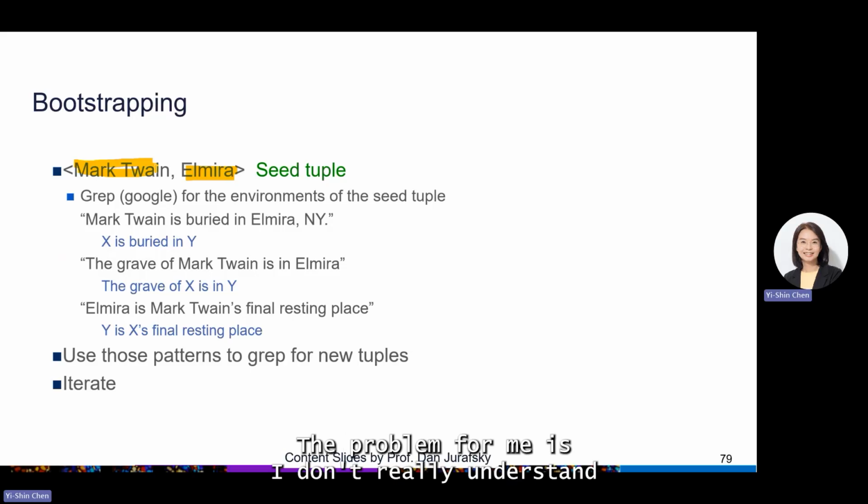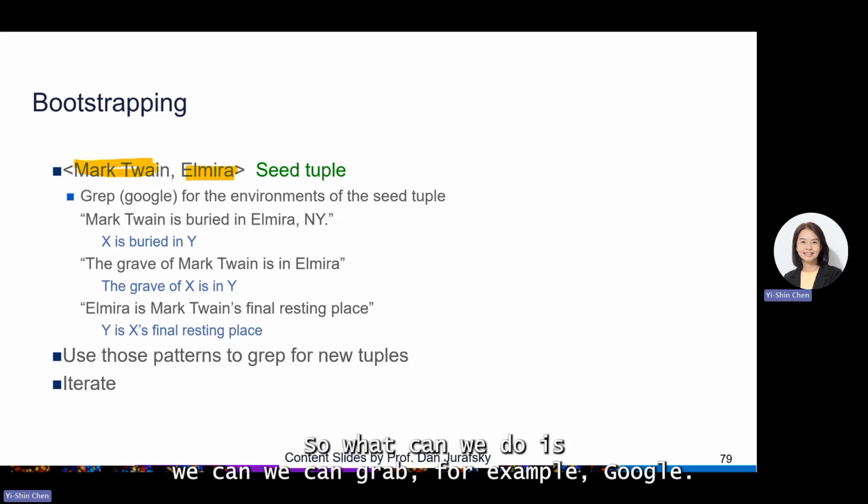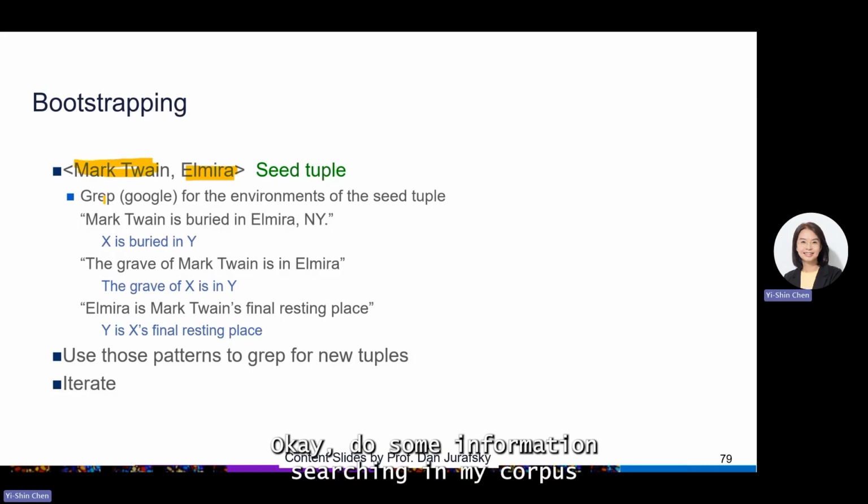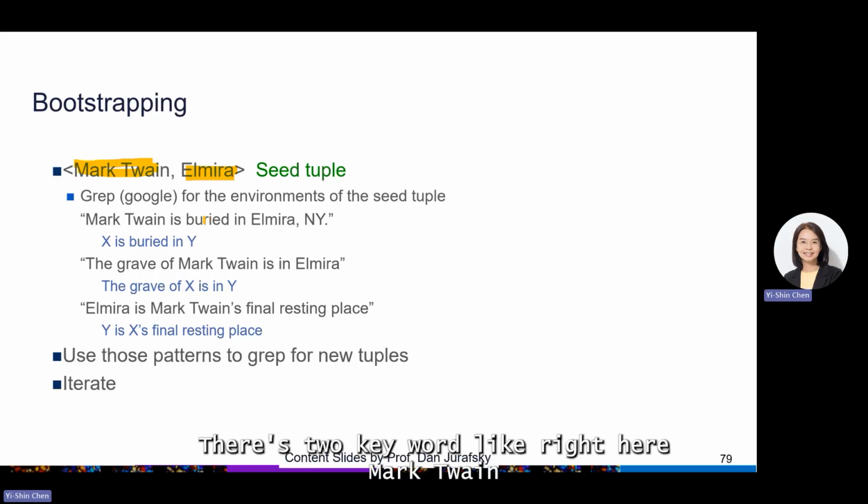The problem is I don't understand the context words surrounding it. So what can we do? We can use, for example, Google to search my corpus and find all the sentences that contain these two keywords.